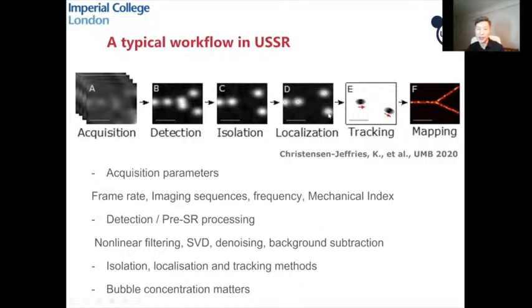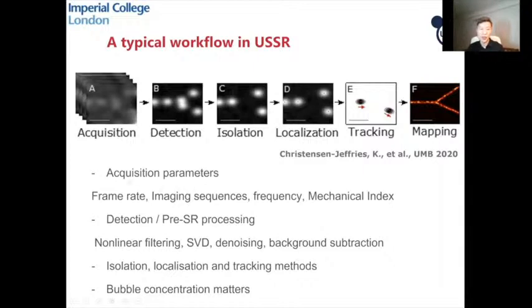That is the centroiding. After the localization, we find the centroids of these signals. This is only one frame, but if you have multiple frames over time, then you can do some tracking of these bubbles as they move along the image. And after accumulating this localization signal, you can generate a final image through this localization mapping.